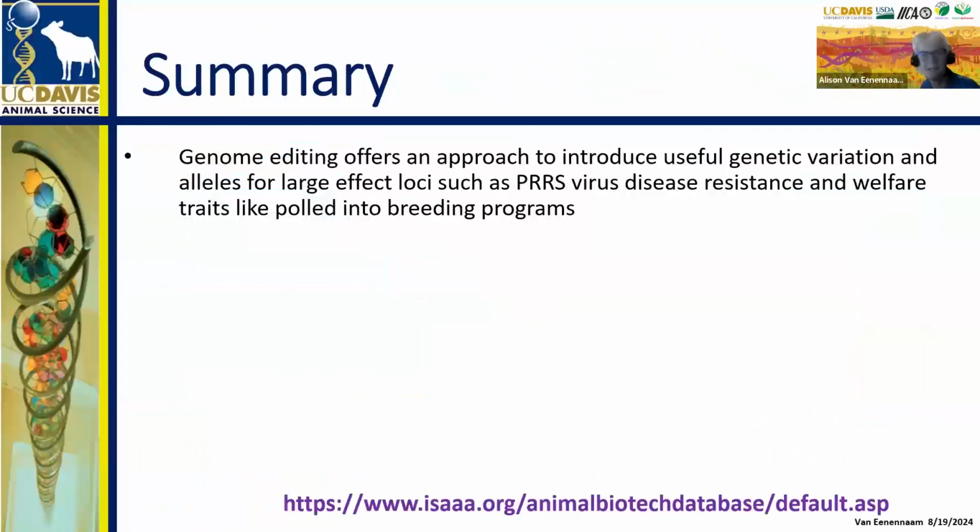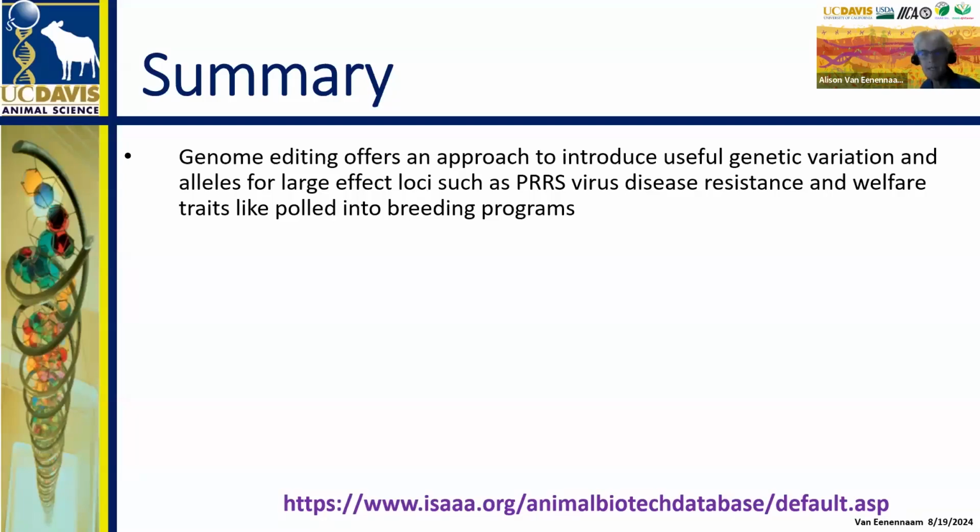So I hope that's given you an overview that genome editing offers an approach to introduce useful genetic variation and alleles for large effect loci. And we'll hear more about disease resistance as an example. So the porcine reproductive and respiratory syndrome virus is fast approaching market, and that's a pig disease that we'll hear about.